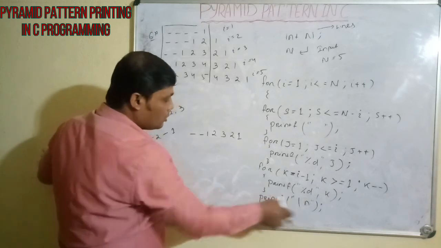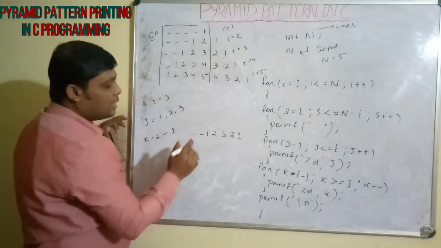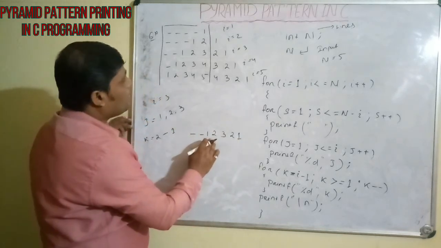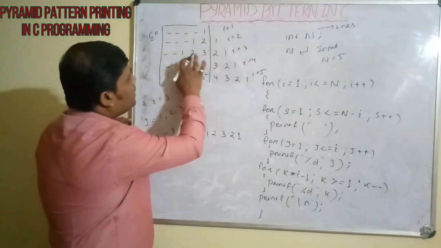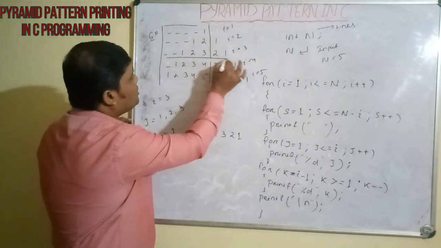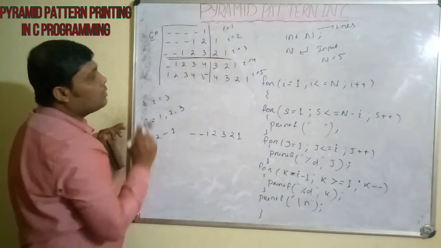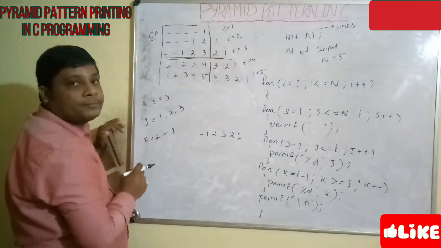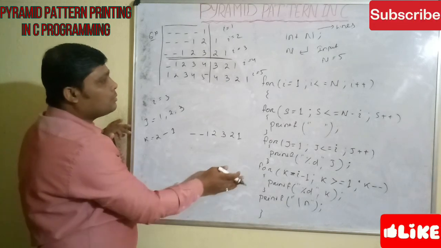Then it prints backslash n and goes to the next line. Now for I equal to 3, you can see it is printing 1, 2, 3, 2, 1 and 2 spaces. This is the logic part.